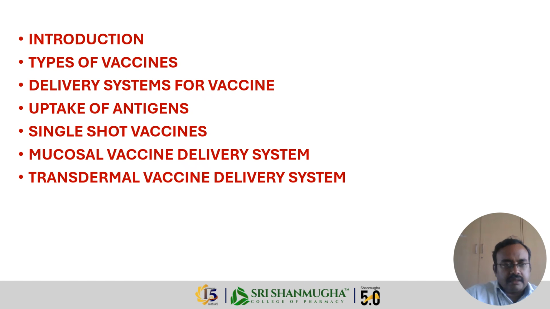These are the highlights of this topic: introduction, types of vaccines, delivery systems for vaccines, uptake of antigens, single shot vaccines, mucosal vaccines, drug delivery systems, then transdermal vaccine drug delivery systems, and quality control tests for vaccine drug delivery systems.